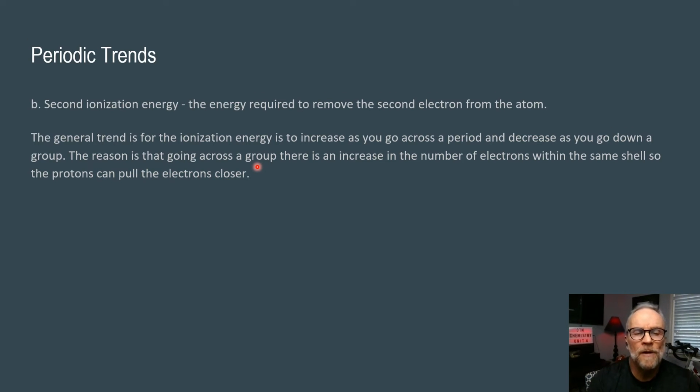So here, this should say across a period. So cross that out and write period down. In fact, I'm going to do that for you. It'll let me. Okay, so as you go across a period on the periodic table like this, it increases.